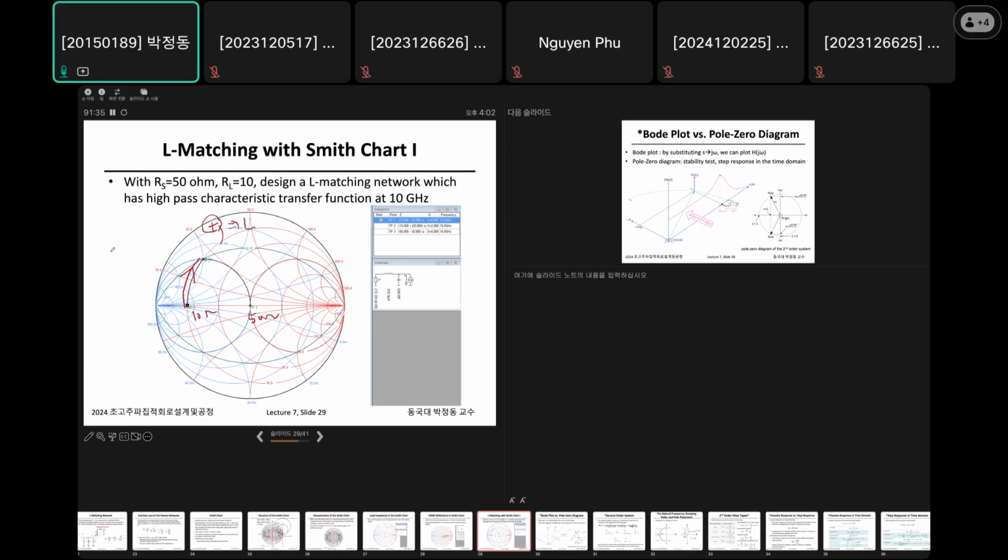So we need to add a series inductor to the 10 ohm. Next, go down, which is a capacitor. With this Y Smith chart trajectory, this is a susceptance, so it follows this. Very straightforward.